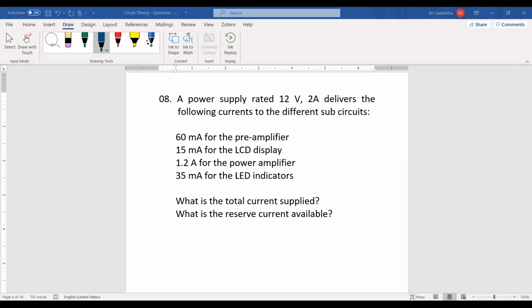Can I stop sharing and share it again? Now you can't see anything. Again, you can still see the frozen screen. Hello?